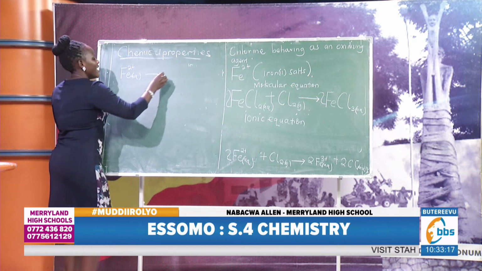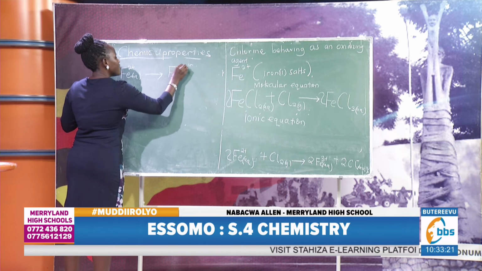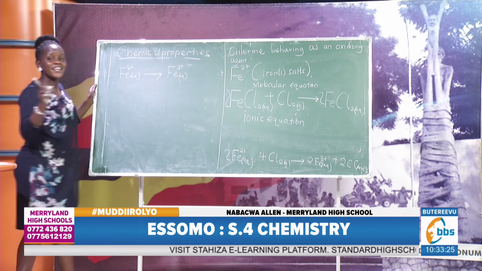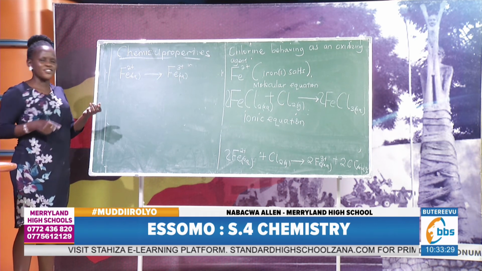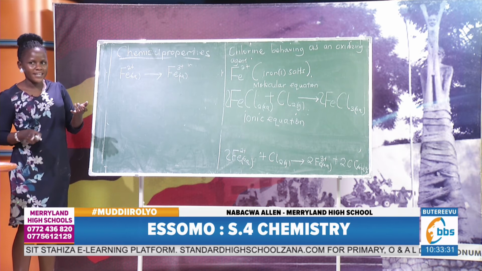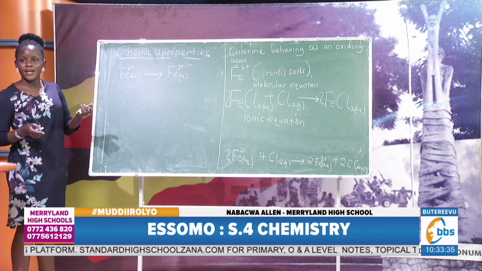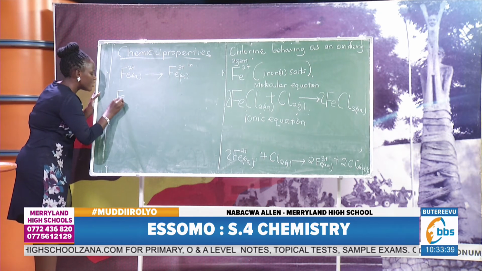Giving us what? Iron 3. But remember, we said in oxidation, you're either adding oxygen or removing electrons or removing hydrogen. It means that what will the oxidation reaction look like?